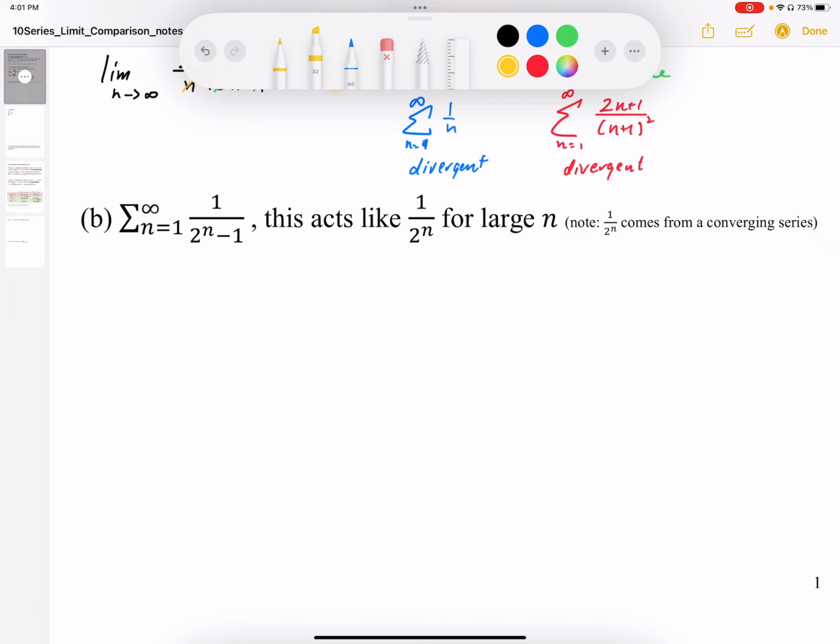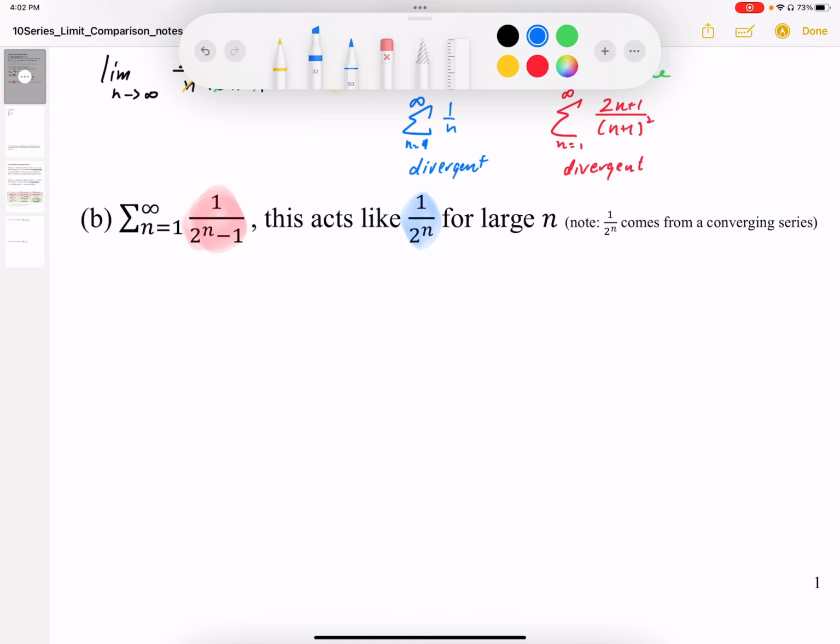This is essentially geometric, so we're thinking this is probably going to converge. I'm going to compare it to the converging series 1 over 2 to the n, and I'm choosing it because it is geometric like the one I'm trying to make conclusions on. This is my known series, and it converges.